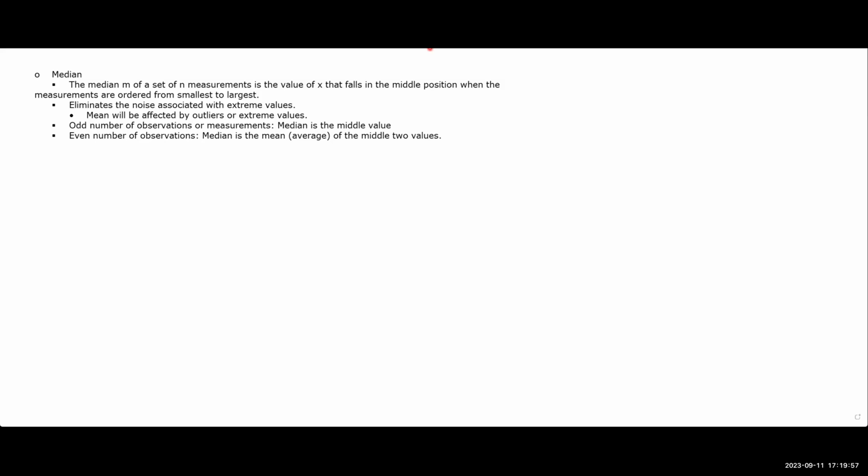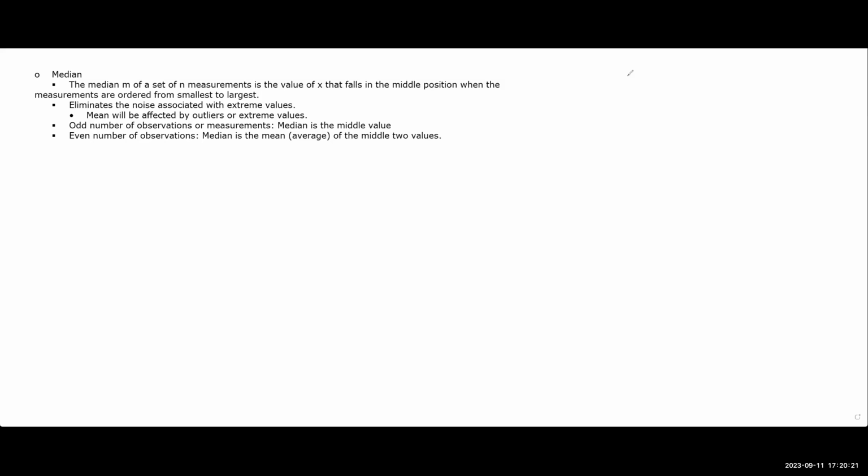So when we order the data from smallest to largest, the midpoint is considered the median. Slightly different from the mean, okay? And I will show you that. This median eliminates the noise associated with extreme values. The mean will be affected by so-called outliers or extreme values, and I will show you that later.